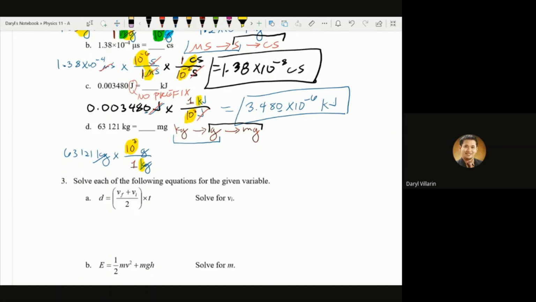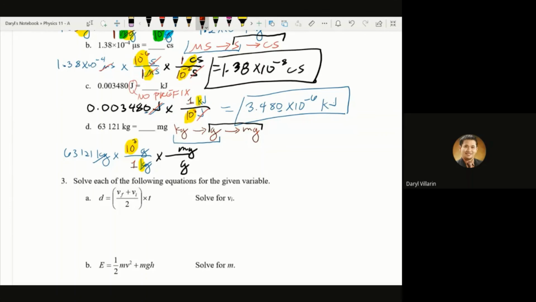So now this gives me gram. However, I need to convert this further to milligram. So now I'm gonna multiply this by the conversion factor of gram at the bottom and then milligram on top. Again, now in this case, the unit that is given to me is already the gram. That's your new unit that you have.